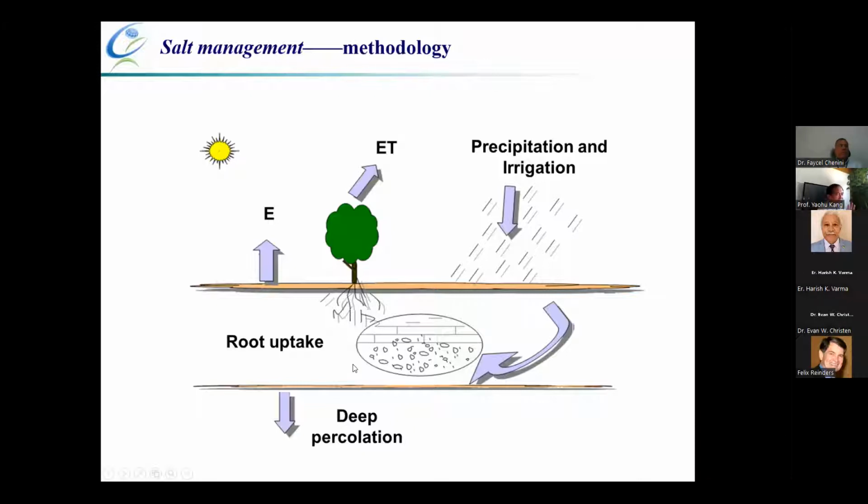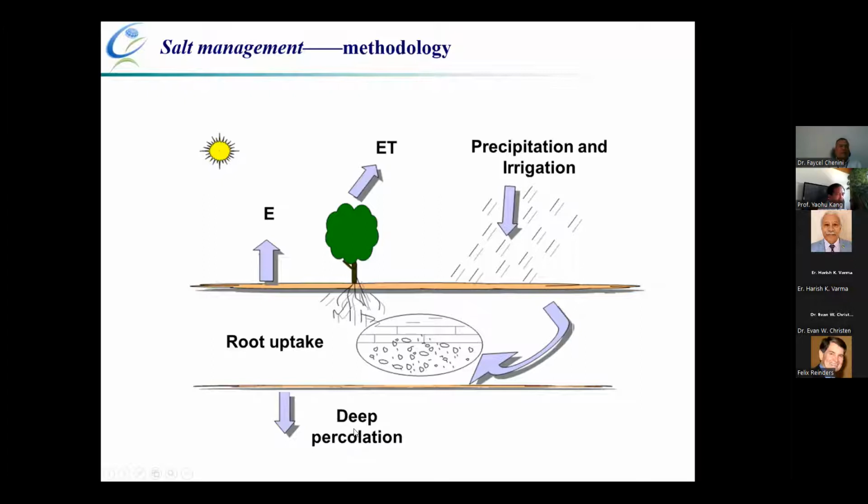That part of the water is the deep percolation, which moves from the soil and gradually flows to the groundwater. So this part of the water is important. Why is it important? For the salt leaching is important.